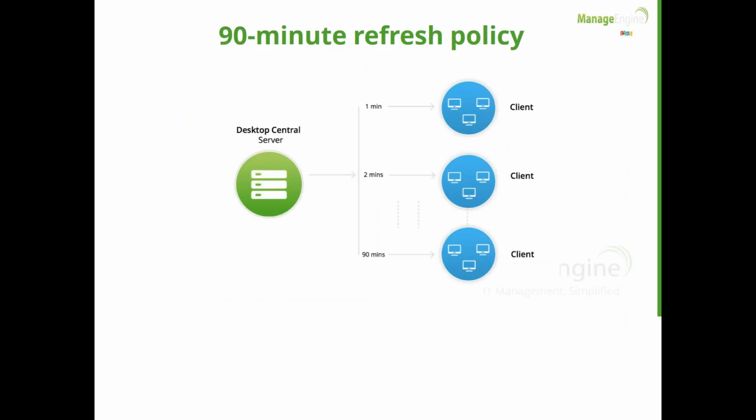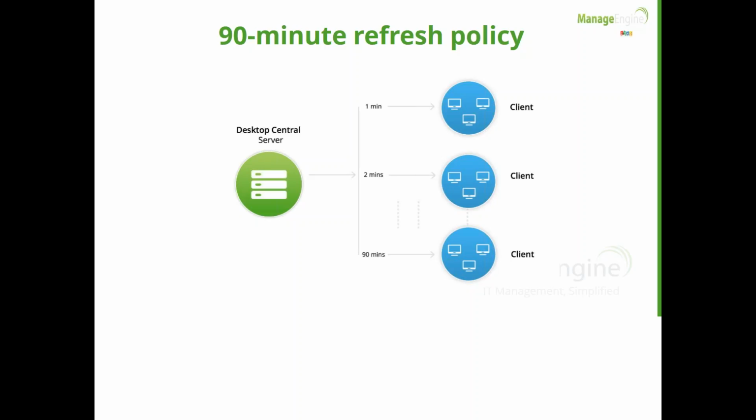Let's talk about the 90 minutes refresh policy. We need the Desktop Central agents to contact the server once every 90 minutes, and this process is called the agent refresh cycle. This is to ensure that all computers in the network contact the server periodically. Two important factors are ensured here.